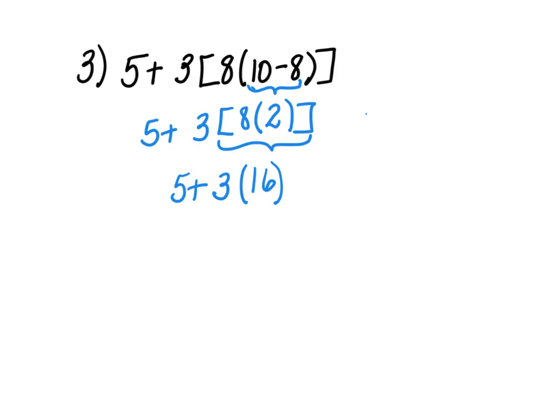So I'm bringing down the rest of my problem, and now my problem reads 5 plus 3 times 16. Be very careful here. Many students want to add first and then multiply, but order of operations says I need to multiply the 3 times 16, which is 48, then I'll add the 5 to it. So 5 plus 48 is 53.